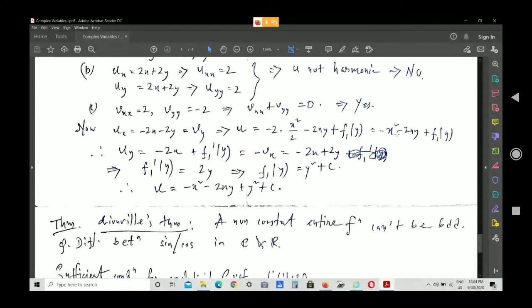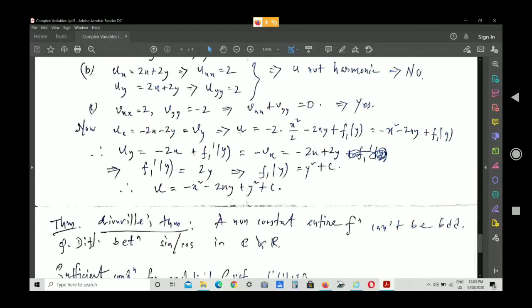So we obtain this expression. Again, the other part, u_y, should also be equal to minus v_x. v is given to us, so minus v_x will be this. So now f1 dash y is equal to 2y after simplification. Now integrating this, we obtain y squared plus c. Okay, so f1 we have got.